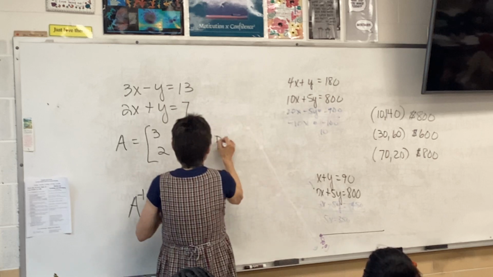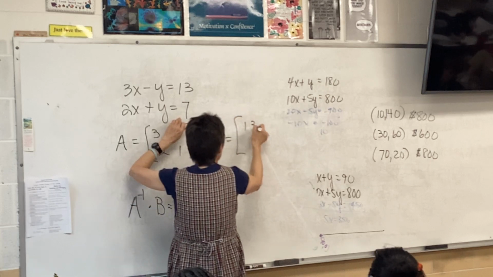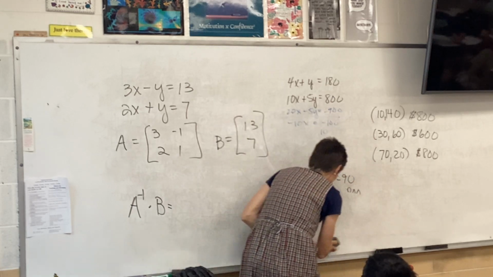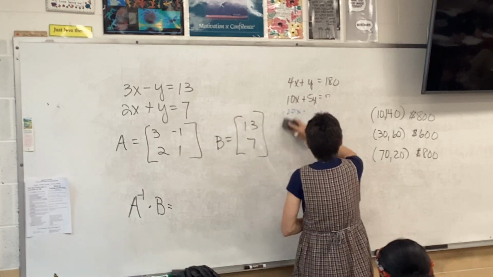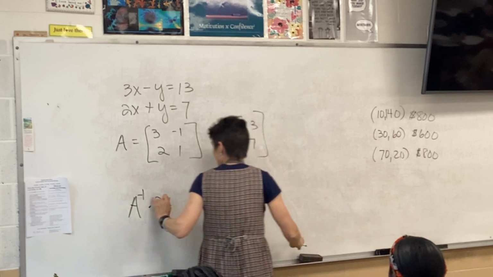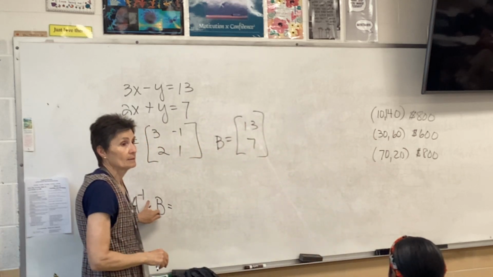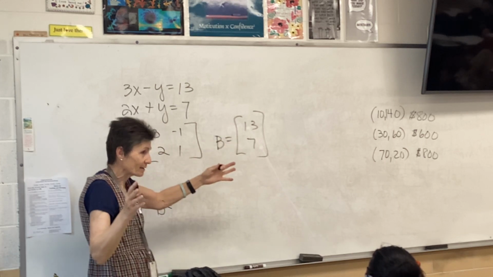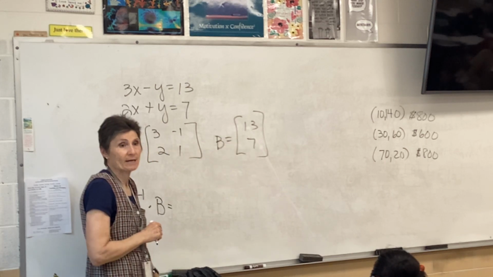So B is 13, 7. You are going to find the answer by finding the inverse of matrix A, we've already talked about that today, and then multiplying it times that, we've already talked about that today, and that's going to be your answer.